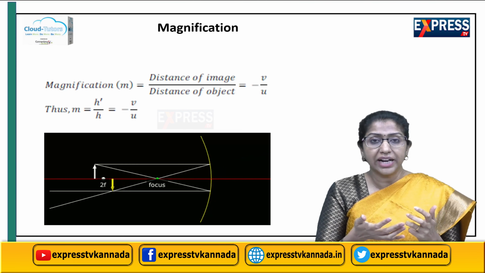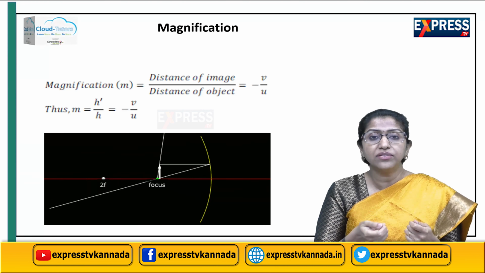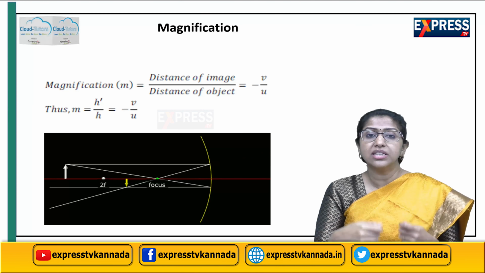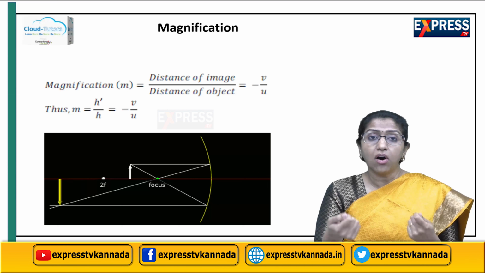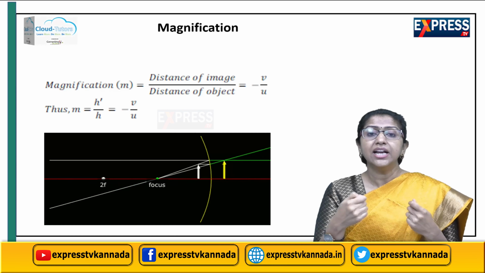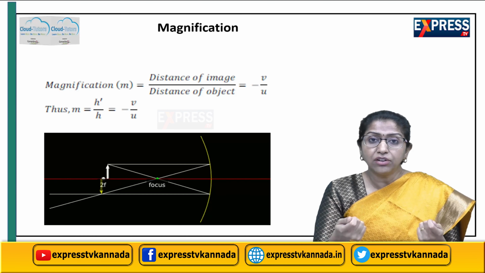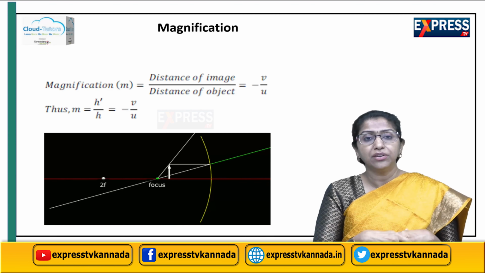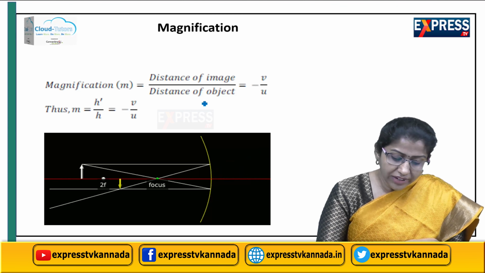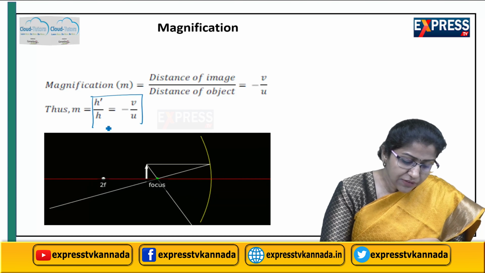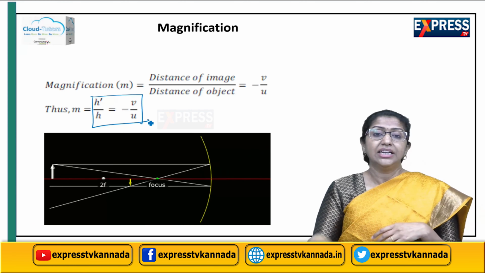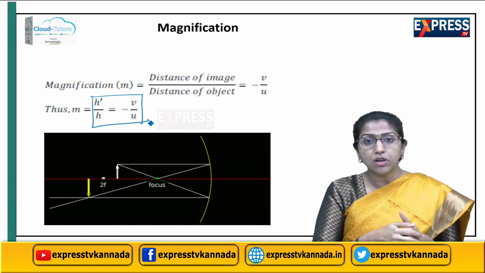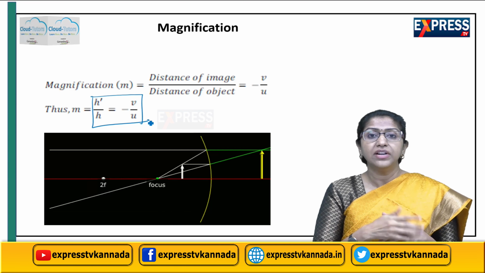So how do we define it? It is defined as the ratio of the distance of the image to the distance of the object, or it can also be defined as the ratio of the height or size of the image to the height of the object. We can always have this formula handy when it comes to the problem solving or numericals of spherical mirrors.